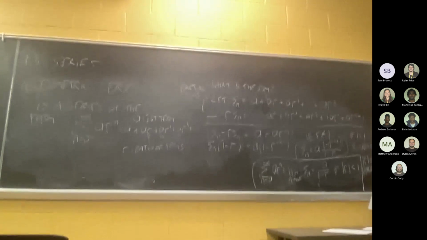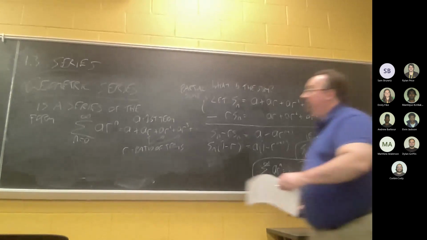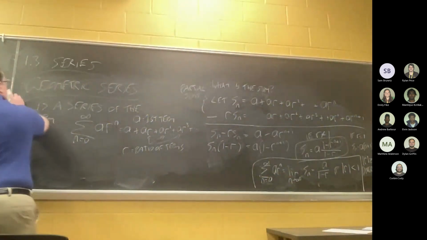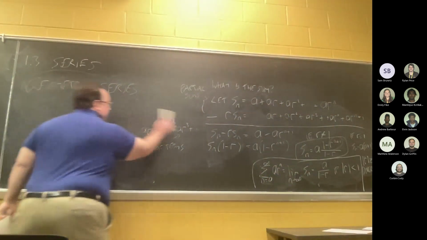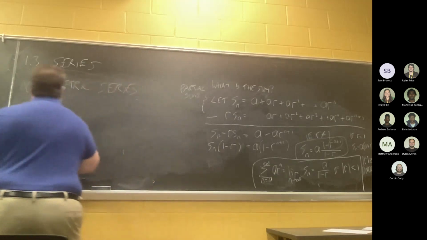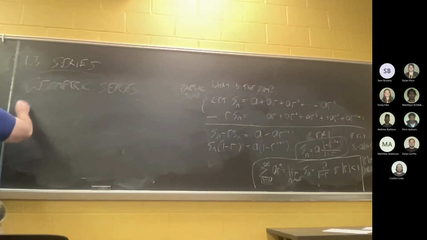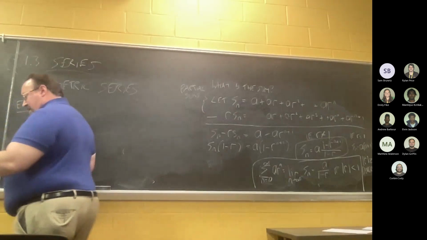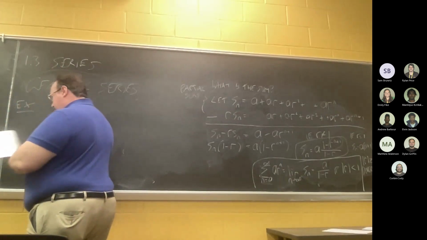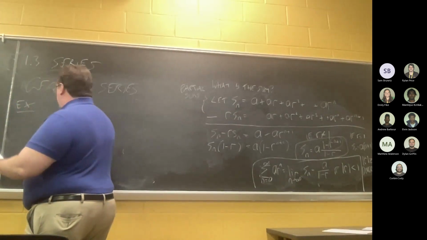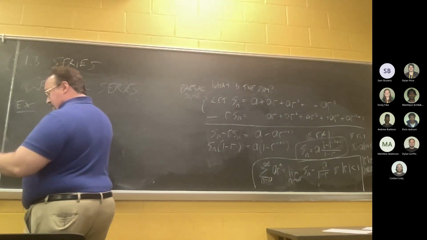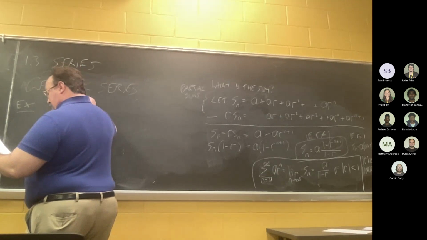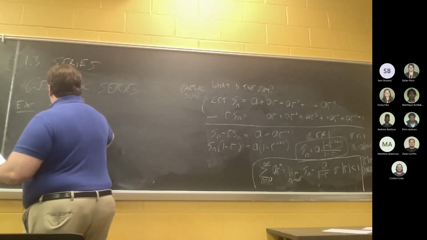Actually, all I have left are some examples of geometric series. First example, I'll have the sum to infinity of e to the n over 10 to the n minus 1.